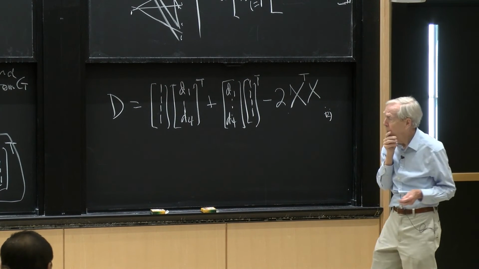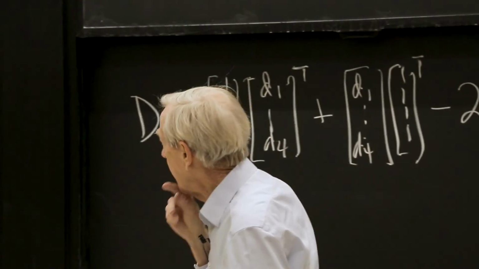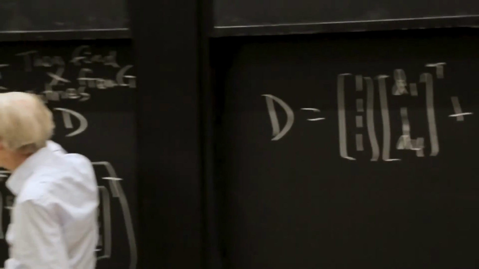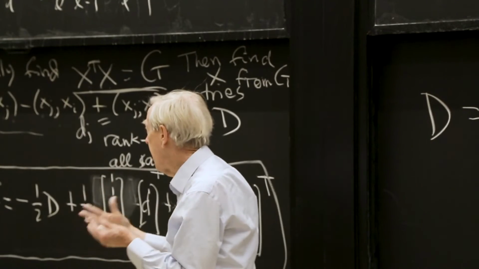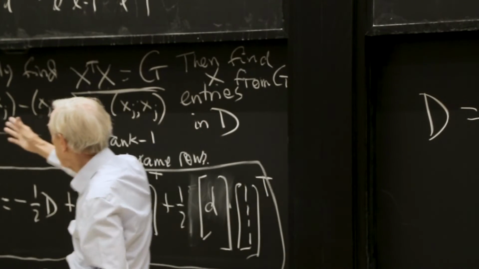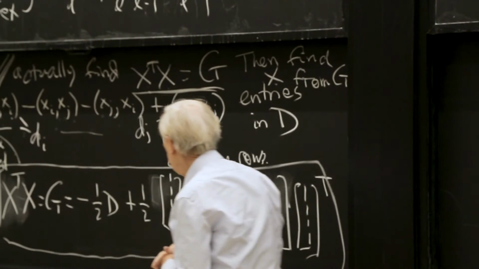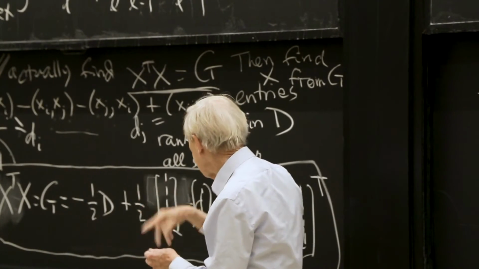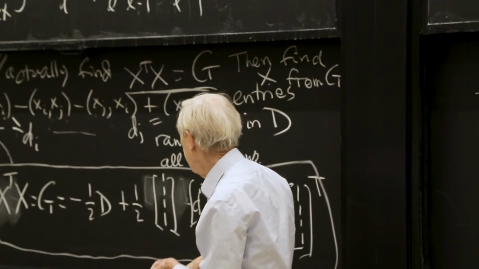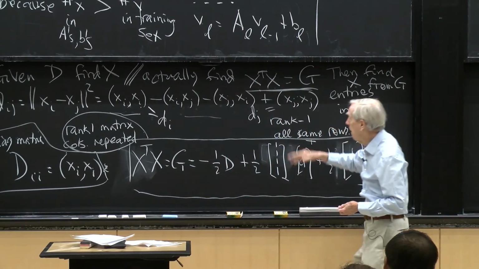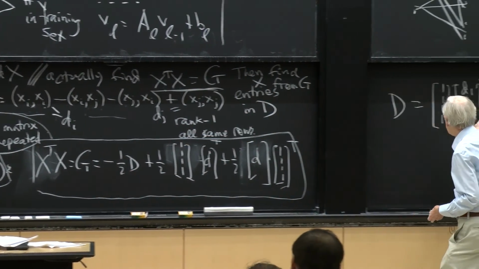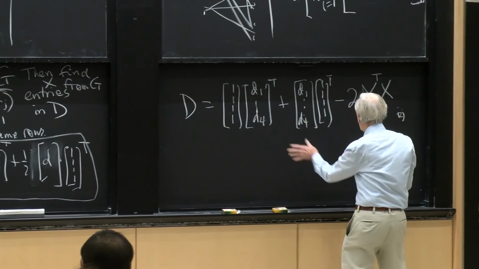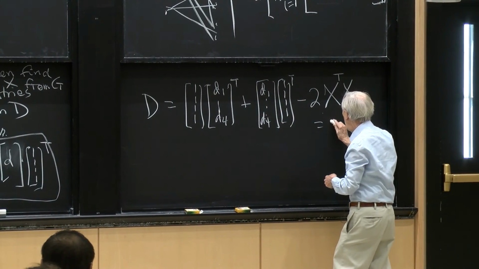So ultimately, this simple identity just looked at, because these pieces were so simple, just rank 1 pieces, and these pieces were exactly what we want, the x transpose x pieces, the G. That equation told us the D. We know, all this is known.